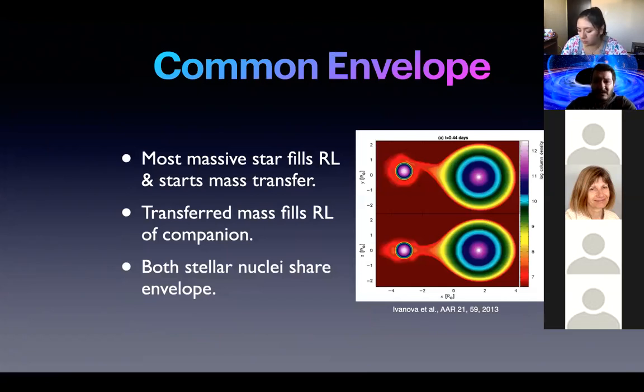So what we want to test now is what happens when this goes into an extreme case. When the mass transfer is unstable, then you can have a runaway process that brings the massive star not only to fill its Roche-lobe, but to fill also the Roche-lobe of the companion. So both stellar nuclei share the envelope.